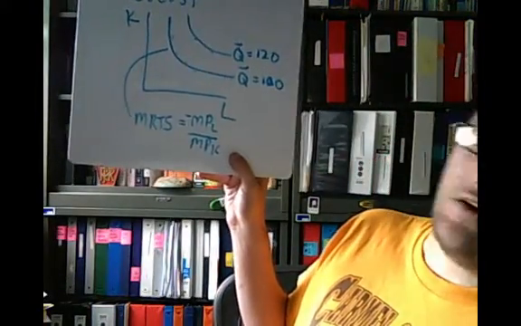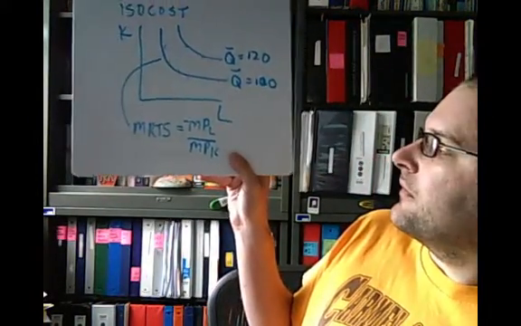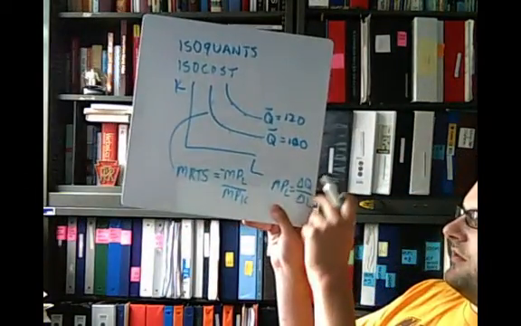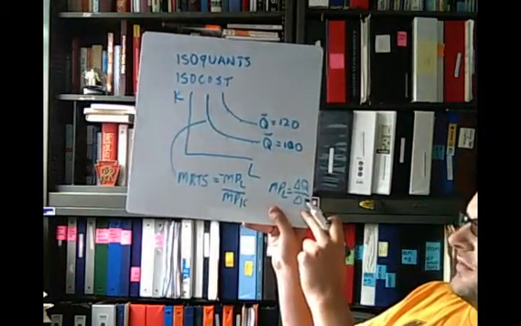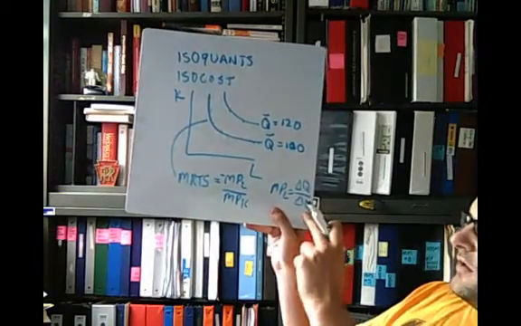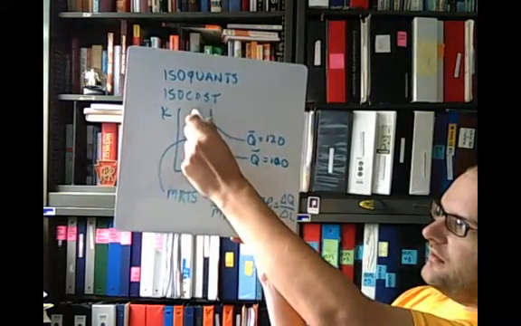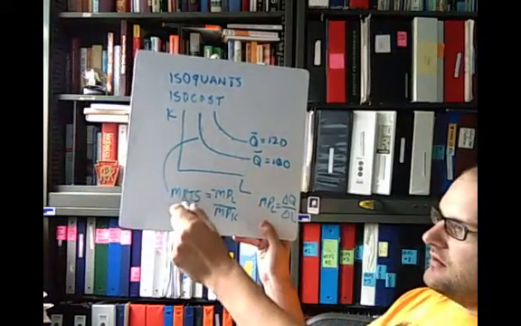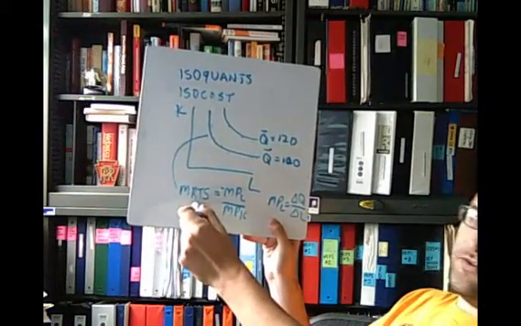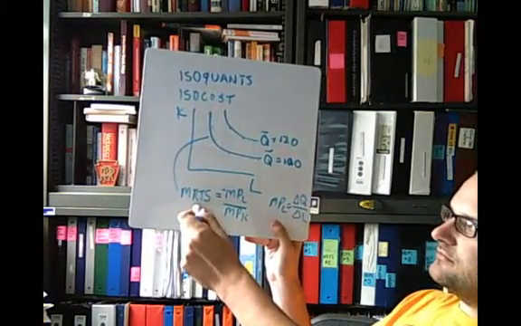In this case, it would be the marginal productivity of labor over the marginal productivity of capital, where the MPL is simply a measure of how much additional production we get by having additional labor units. Okay, so what we can see here is that as we read this from left to right, the marginal rate of technical substitution is falling.